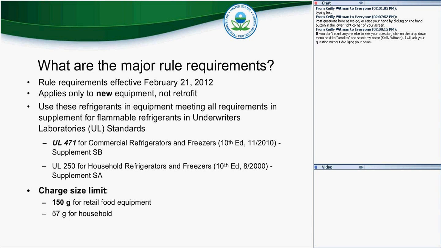So the recovery equipment is needed unless we issue a rule otherwise. And if you are going to service or dispose of the equipment, start asking the people who make that equipment.